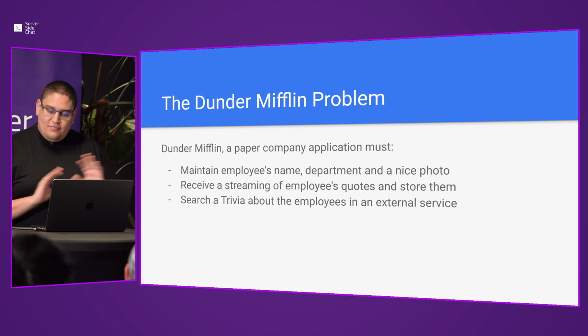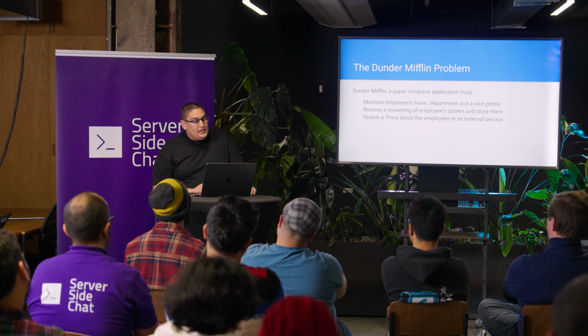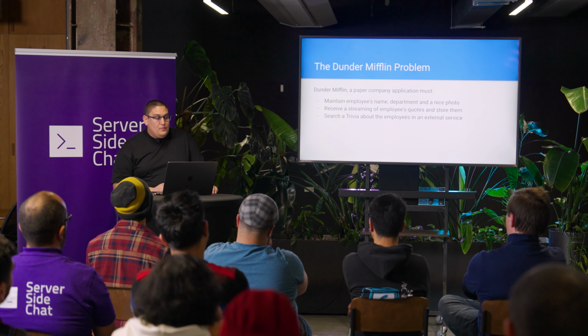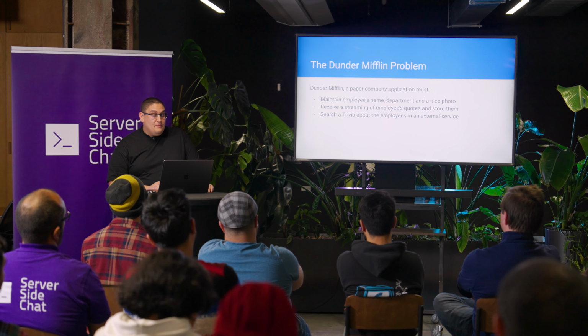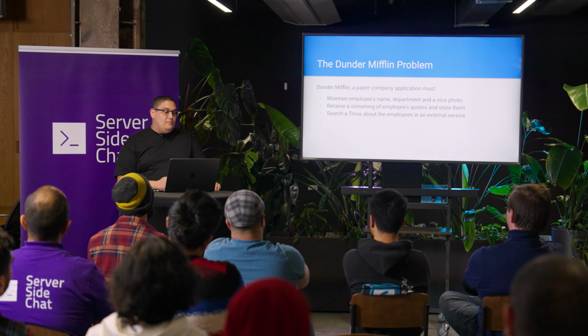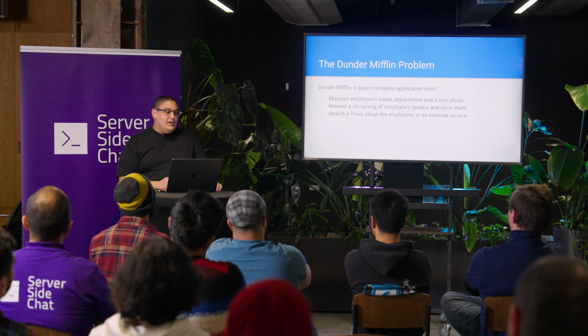So we want a CRUD, basically, with employees' name, department, and a nice photo. Then I want to see who is who. We're going to read a stream of employees' quotes, famous quotes from the TV show, and store them to be able to retrieve them later. And we also have an external API that returns a trivia about any one of the characters of the TV show.